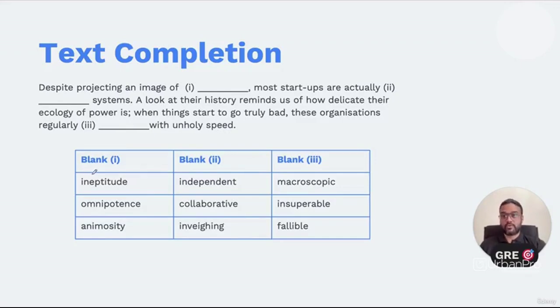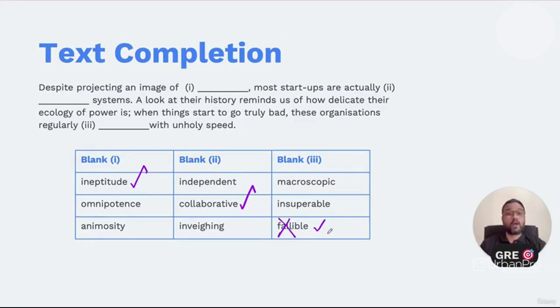So this could be the right answer, this could be the right answer, this could be the right answer for each blank respectively. The rub here is that let's say you pick this as the right answer and that is the right answer. You pick that as the right answer and that happens to be the right answer. And you pick this, but this is incorrect, right? My selections are not a representation of what the answers for this question is.